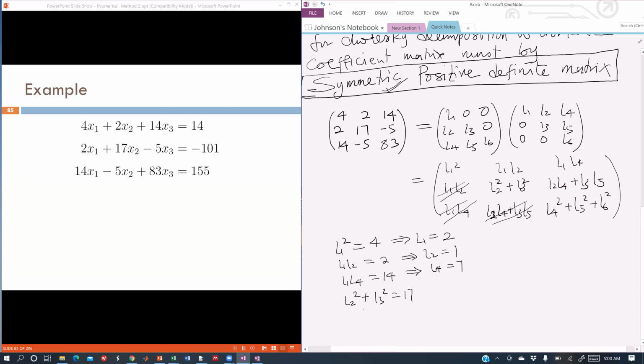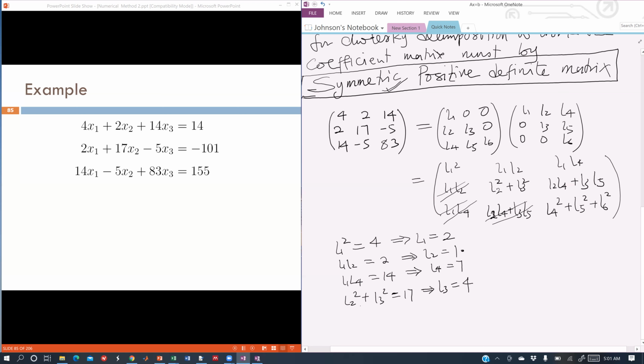With this, L2 is 1, so 1 squared gives us 1. Let it go to the other side to subtract, and that gives us 16. And so L3 is the square root of 16, and once again, I take positive 4.